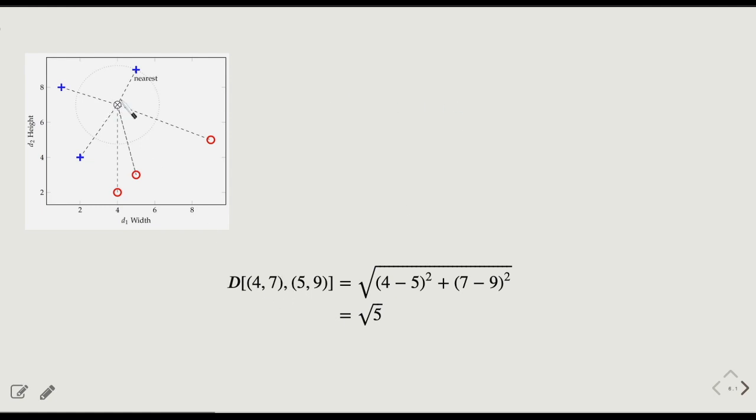The distance between the testing data and the nearest neighbor, according to Euclidean distance, is calculated by taking the difference on each dimension, on the x or the width, first dimension, taking the square, plus the difference on the y, taking the square, and then you calculate the sum and take the square root. The result is that they are square root of 5 apart from one another, according to the Euclidean distance.